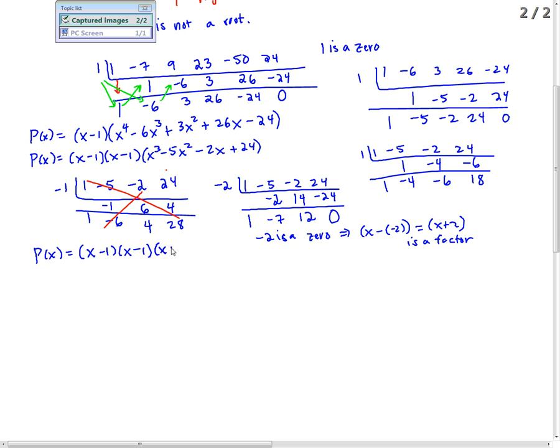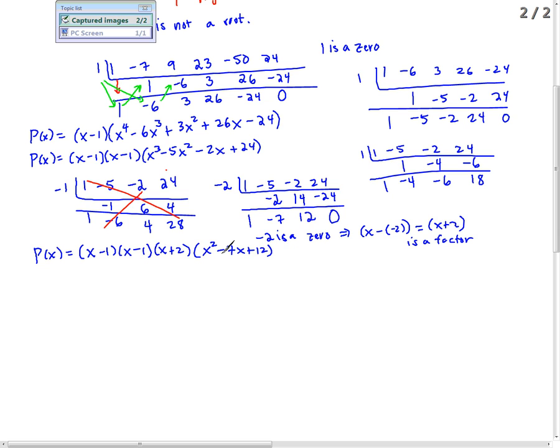So this is x plus 2, and then I write down what remains. This will be x squared minus 7x plus 12. So we have 3 zeros, and notice 1 is a 0 of multiplicity 2. And then we have a trinomial. And remember, I told you if you can factor it, you want to do that. So let's try to factor this.